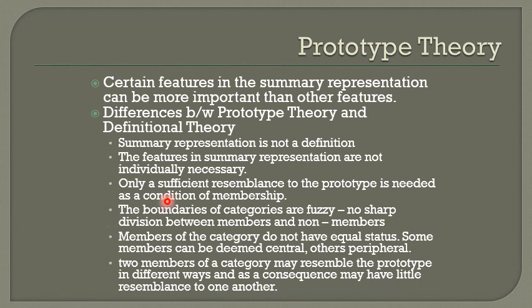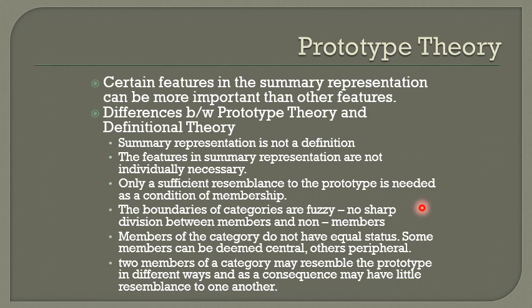That is, they can be porous. There is no sharp division between members and non-members. That is something we cannot have in definitional theory, right? Here, the summary representation is not to be followed to the letter. We don't need to satisfy all of the conditions in the summary representation.